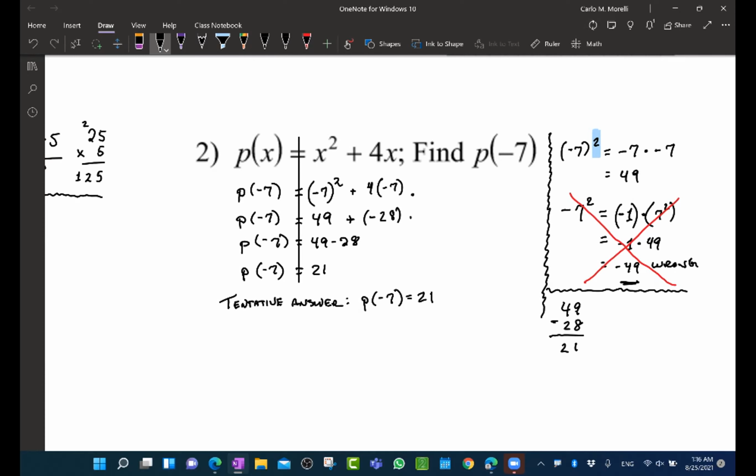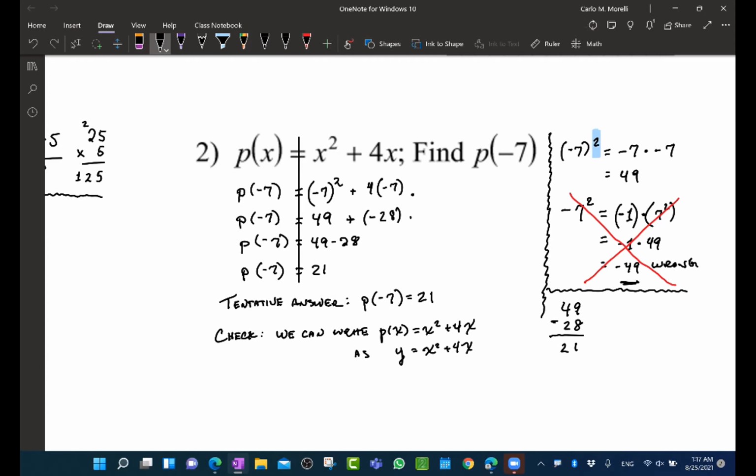Okay, but now we have to check that, right? So now we do our check. Check the problem. So remember, we can rewrite P of x equals x squared plus 4x as y equals x squared plus 4x.